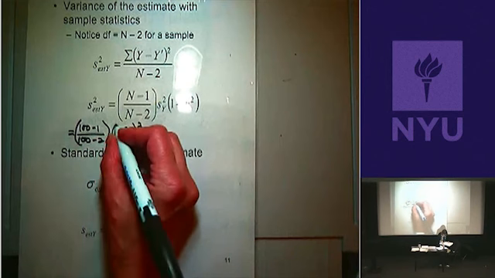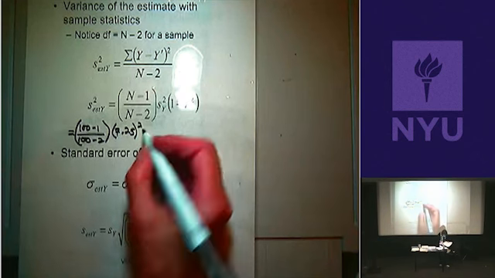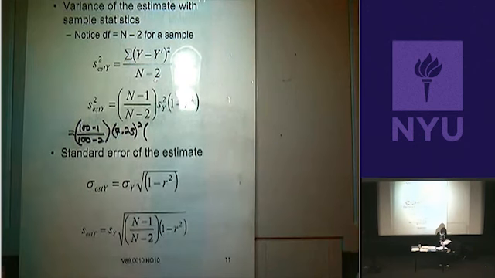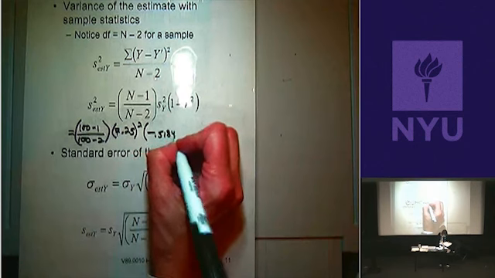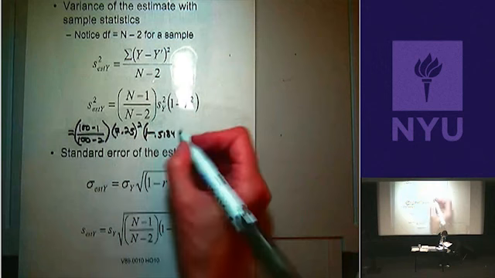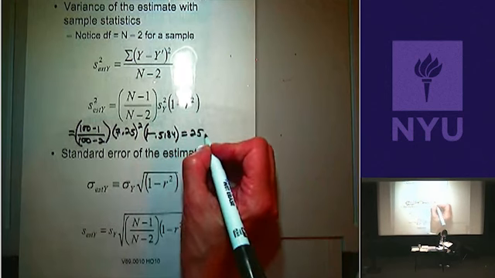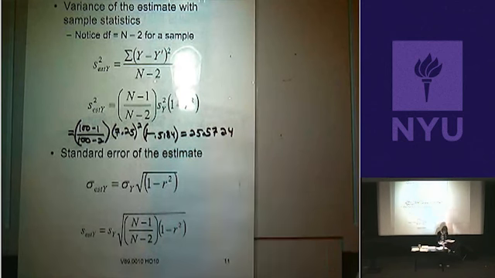You have to remember to square it here. Okay, so that would be the variance of the estimate for this example.